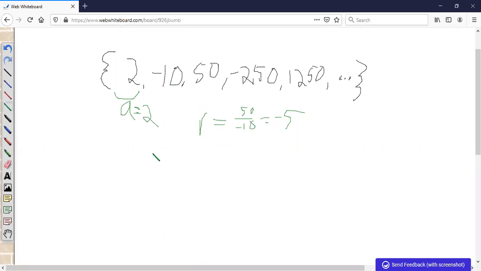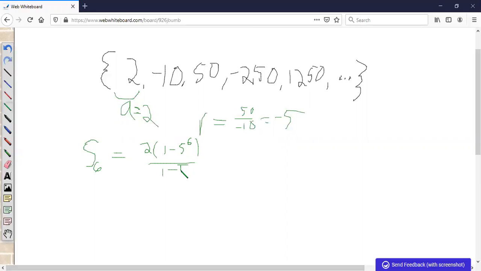dealing with other things I might ask you, I might say, all right, well, what then is S sub 6? And here, if we want to find the sixth partial sum, we just have to say, oh, well, this needs to be A, which is 2, times 1 minus 5 to the 6th over 1 minus 5.